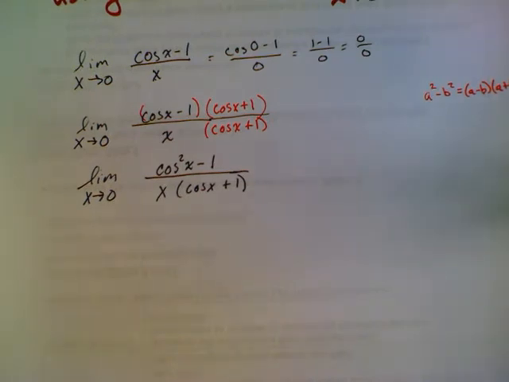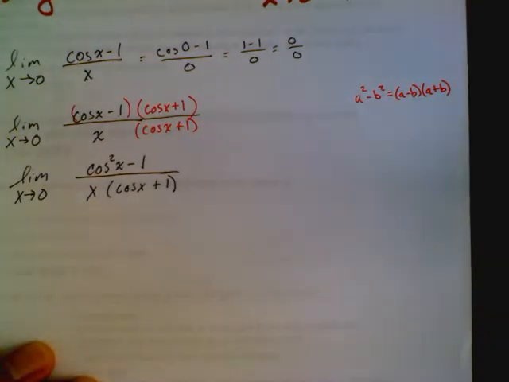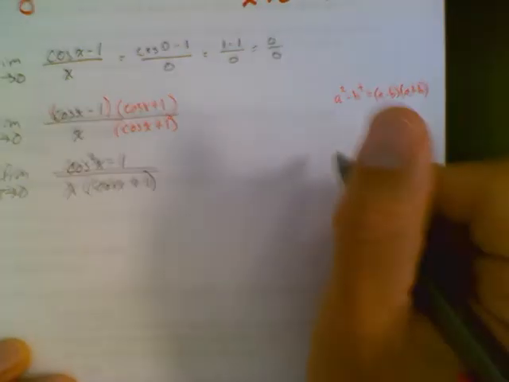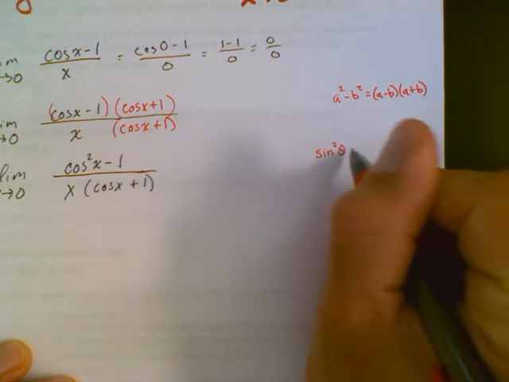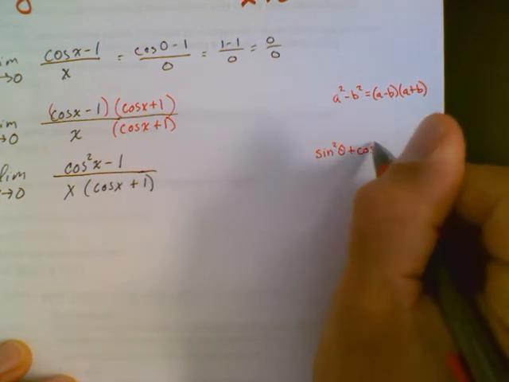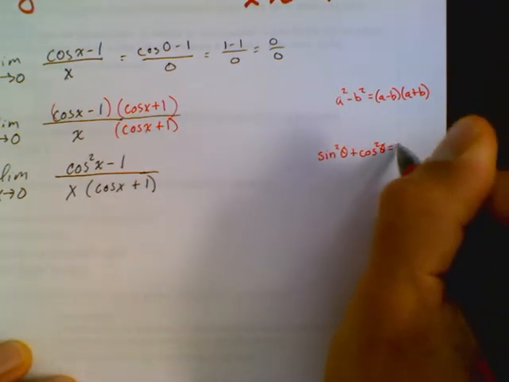What about that cosine squared x minus 1? I remember the Pythagorean identity that sine squared theta plus cosine squared theta equals 1.